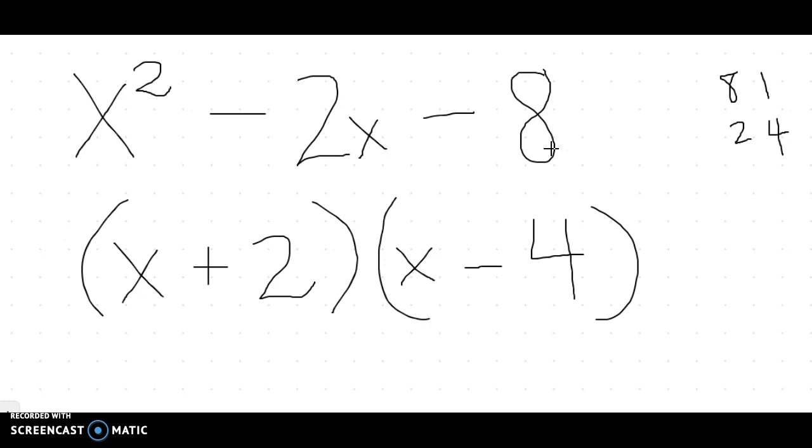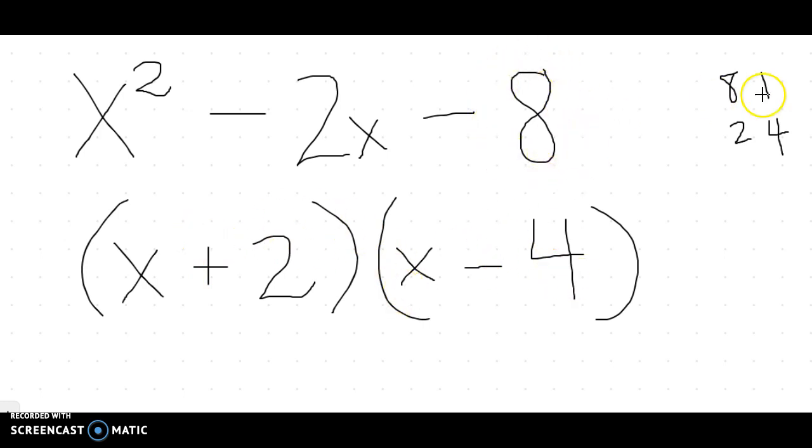So to review the steps, if I have standard form and I'm going to factor this, I need to first look at my values here. Is it just x times x? Or like if there was a 2 there, then there would have to be a 2 in front of one of these. Then I like to look at the sign here and know if this is going to be plus and plus, negative and negative, positive and negative.